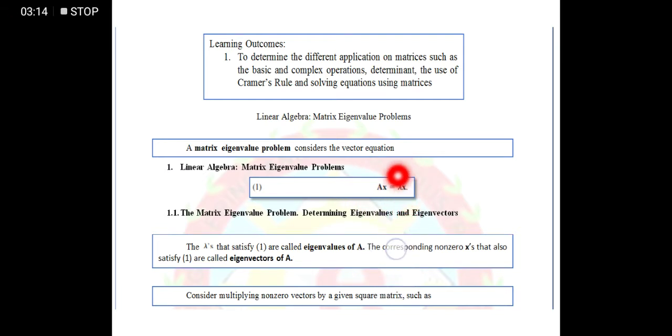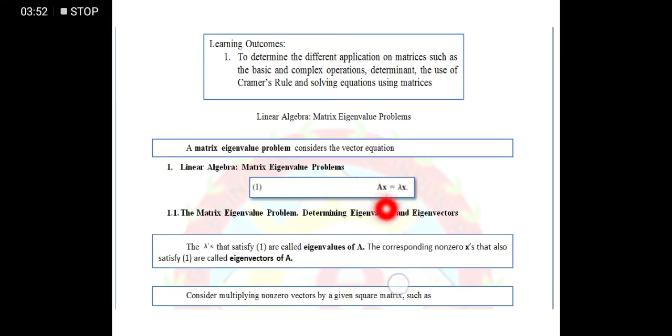And when you say eigenvector, those are the vectors that have to satisfy this equation. That is our x here. So this means that if you are given a matrix A, you have to find the eigenvalues and eigenvectors to satisfy this equation.